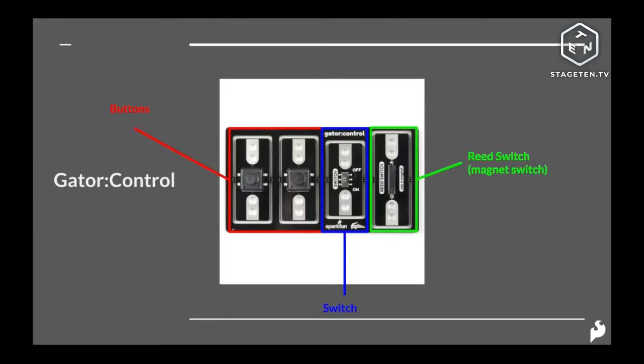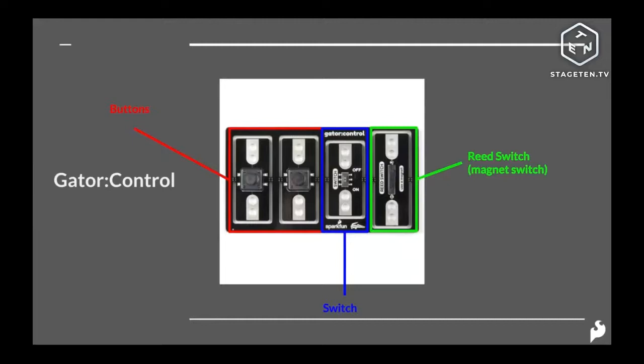I have a switch, just a basic on and off switch. And one of my favorites to incorporate into some really interesting interactive projects is a reed switch. If you've never used a reed switch before, it's a switch that you can only operate with a magnet. If I add the magnet, the switch is closed, and current will flow through the reed switch.